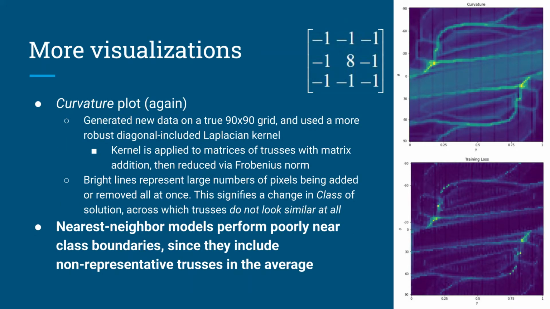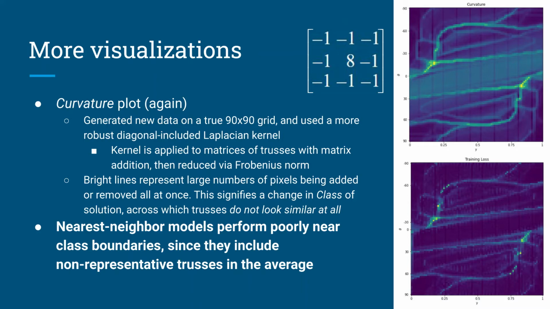Next, I generated a 90 by 90 equally spaced grid of trusses and used a Laplacian kernel. I hope that you can see here that the trend lines are much more clear. What these bright lines actually represent is a change in fundamental class of output.